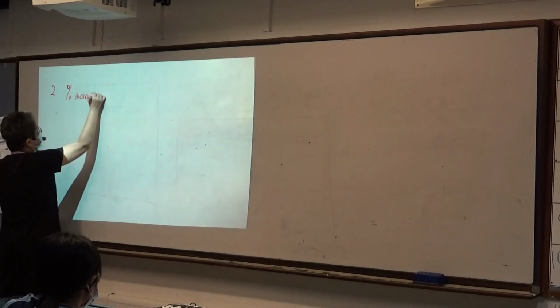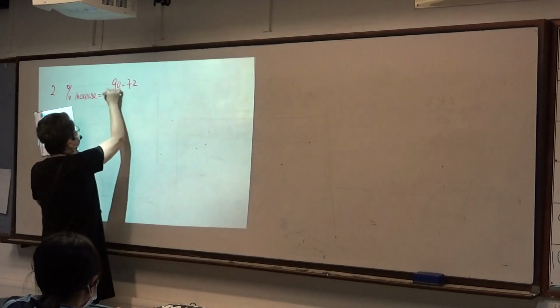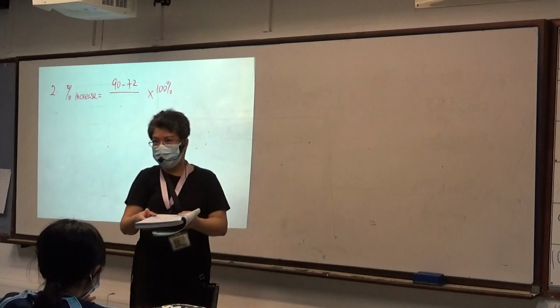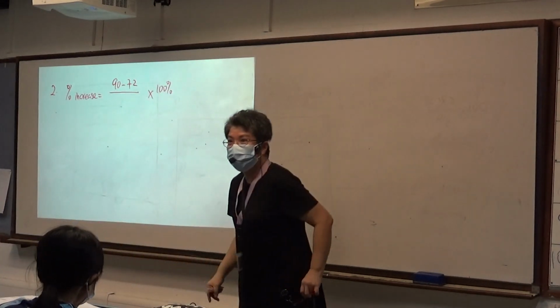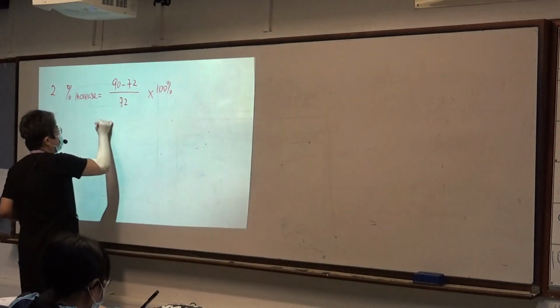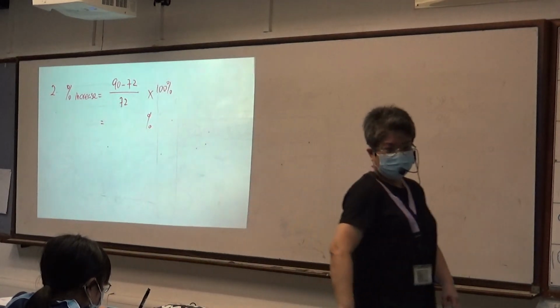Percentage increase will be 90 minus 72 over something times 100%. I want to know what is that something. Original is what? 72. Okay? You can use your calculator and get the answer.